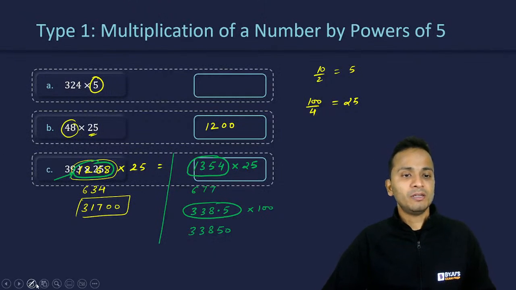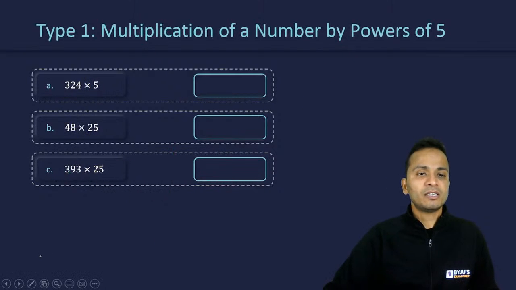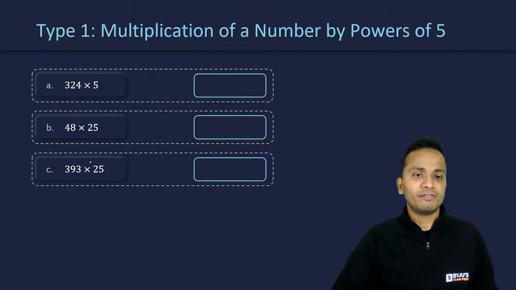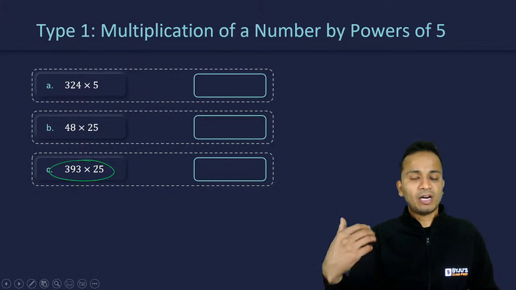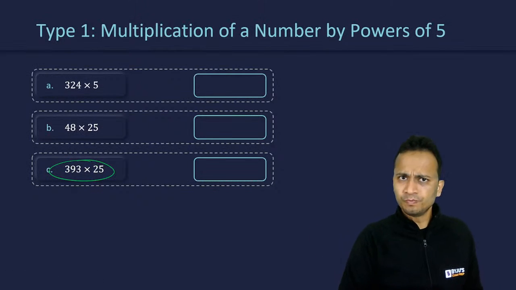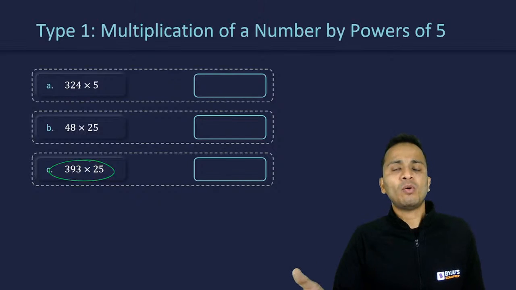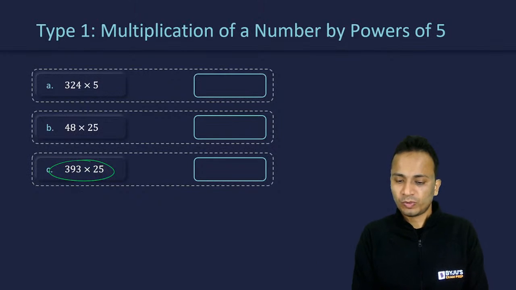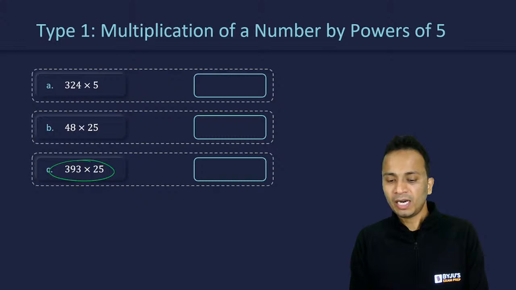So next example on your screen, let me erase this part. 393 multiplied by 25. Apply the same technique that I have just told you: divide by 4 and then multiply by 100. Come on, give me an answer for this one.